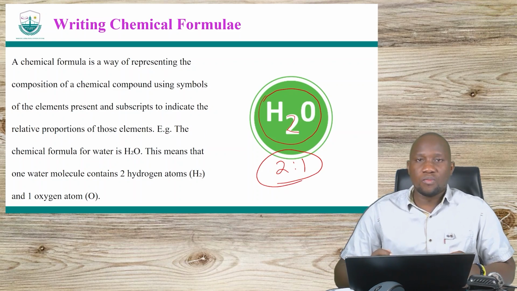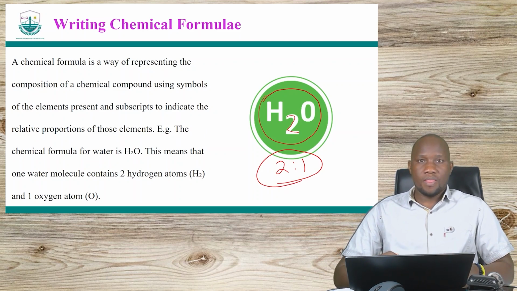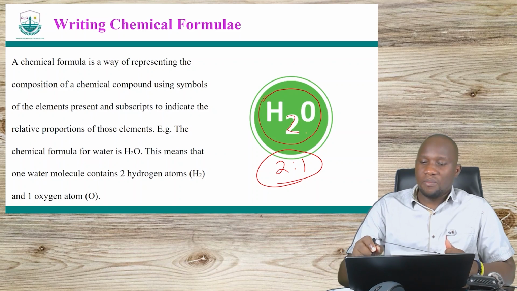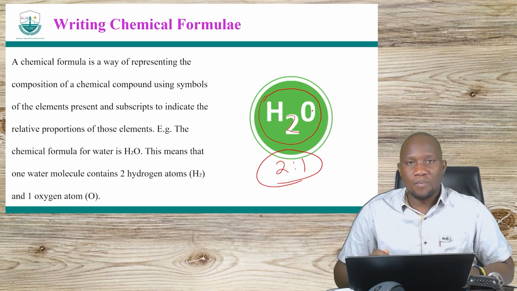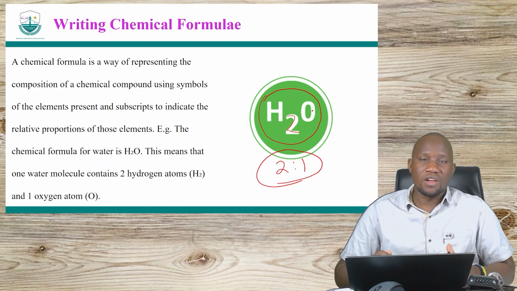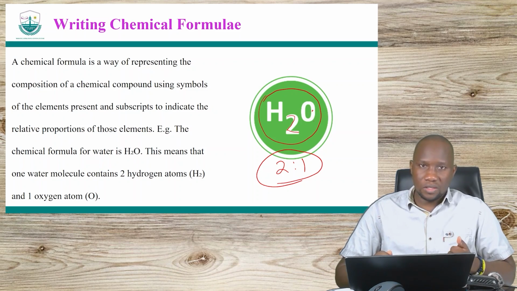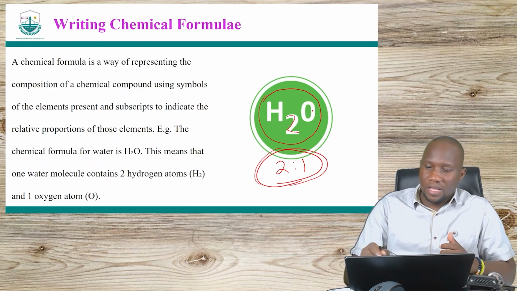This is the relative proportion of each of the elements in that compound. Remember, a compound is formed when you have elements combining chemically through a fixed ratio to form a compound. So that ratio is basically what is here.